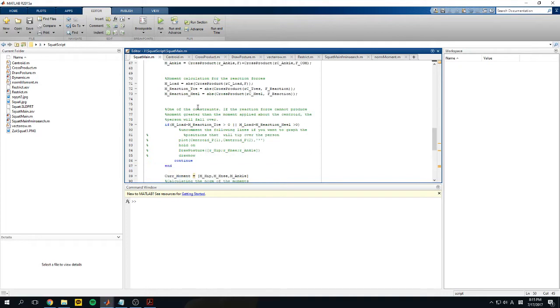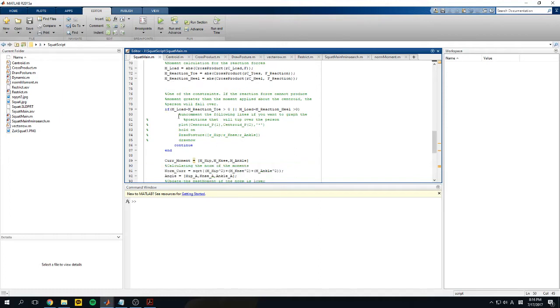This is very important because one of our criteria is that the person cannot tip over either forward or backwards. Therefore, if the moment that is created about the centroid of that truss is greater than the moment that's created by either the reaction force on the toe or the heel, that means that the person will tip over either way.